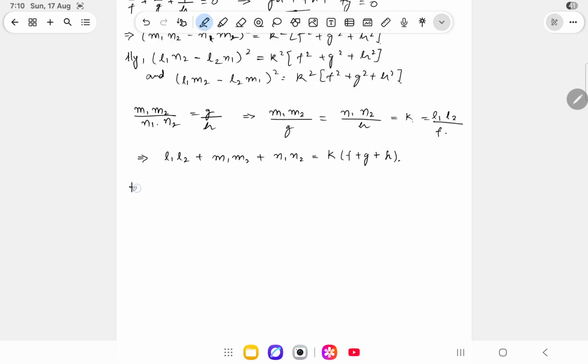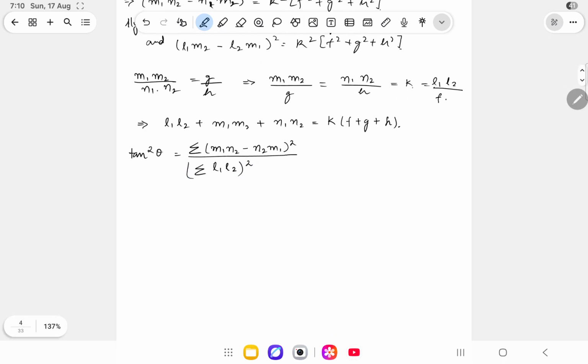So now, finding the angle, tan square theta equals summation of (m1 n2 minus n1 m2) whole square upon summation of L1 L2 whole square.